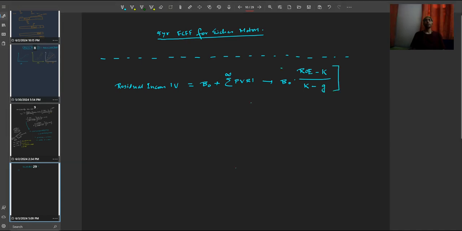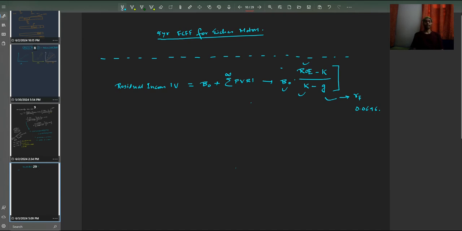Here B0 is the current book value, K is the cost of capital, and return on equity is the return on equity that we can get from the numbers. The G for perpetuity we will take as the risk-free rate. The risk-free rate that we took was something around 0.0696 or 6.96%, right? The 10-year government bond rate. That is the number that we are going to use to calculate this intrinsic value, friends.